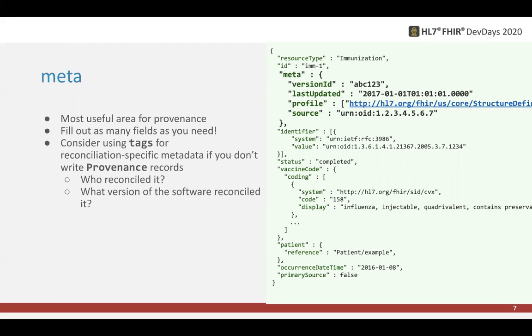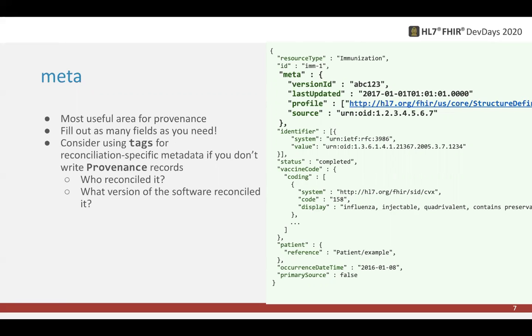Now, if you don't have access to writing provenance records, you can also use tags to store things like who reconciled it, what version of the software reconciled it, and whether this is an automated reconciliation versus a human-driven reconciliation.